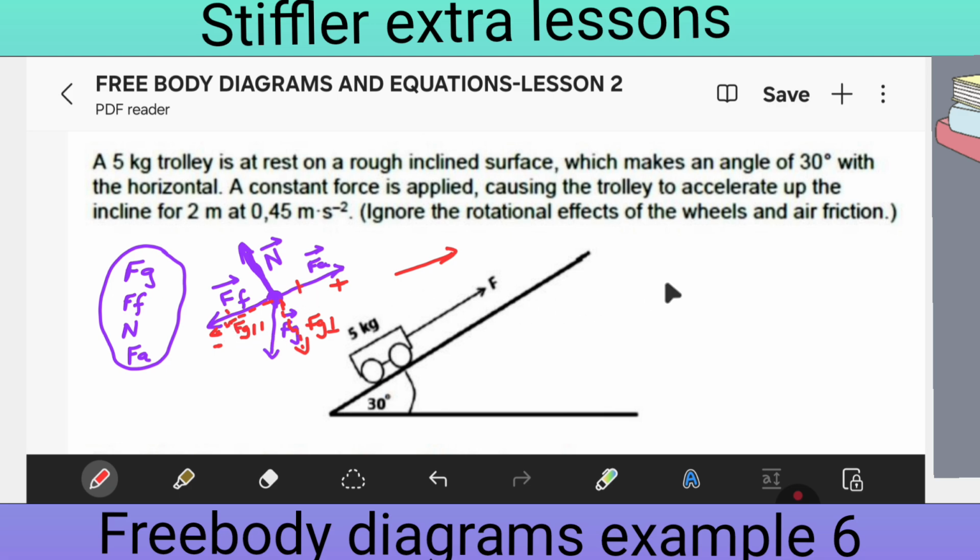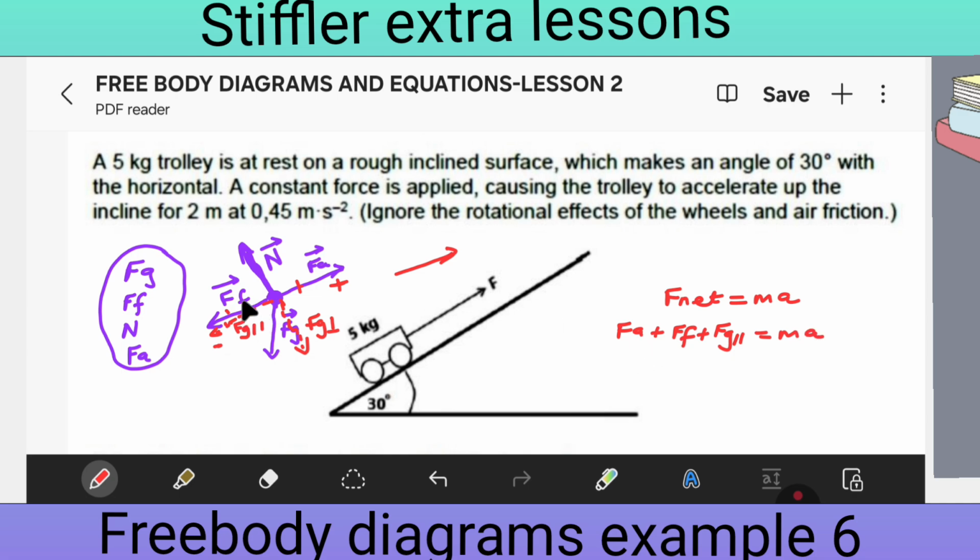So now to formulate our equation, now we start by saying our F net is equals to mass multiplied by acceleration. So what is our F net? This is our force applied plus frictional force plus Fg parallel is equivalent to mass by acceleration.